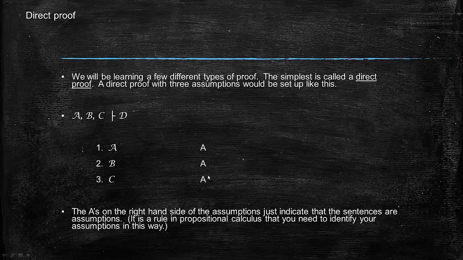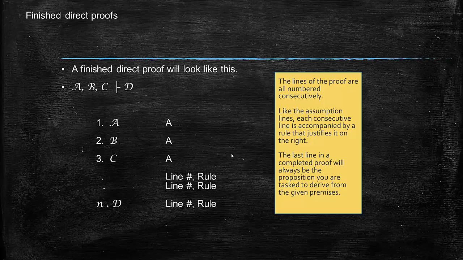The A's are essential. It's actually a rule in propositional calculus that you have to identify your assumptions in this way. So always identify your assumptions with A's on the right-hand side. So when you finish a proof, again abstractly, it looks like this. You've written some number of lines, 4, 5, 6, however many it takes.